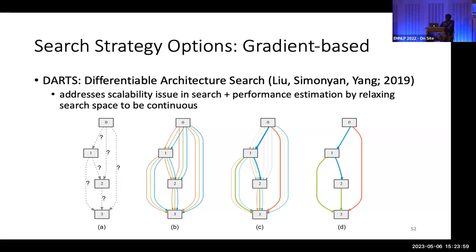All right, so the idea is here. Remember, we had the cell-based search space. Let's assume that we have 4 nodes and we don't know what's the right connection, right? And the problem of search is finding the right connections and finding the right operations on each of these nodes. So let's just focus on the connections here. You can imagine defining all possible connections.